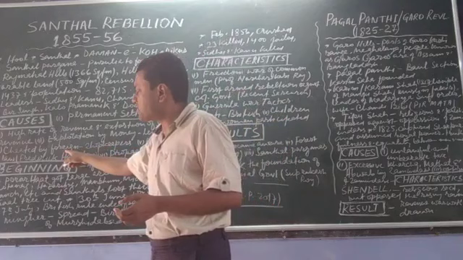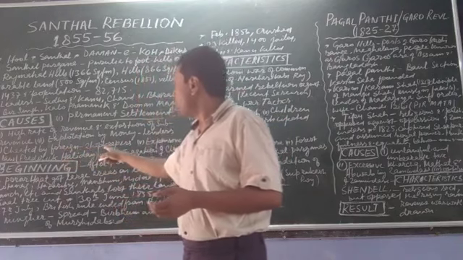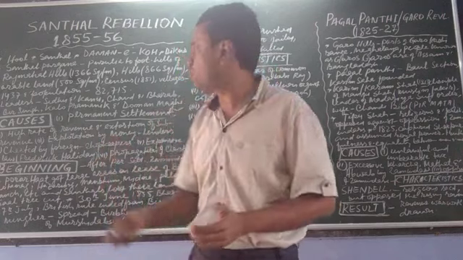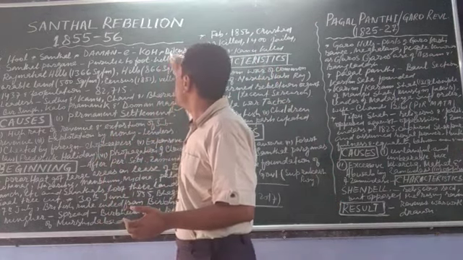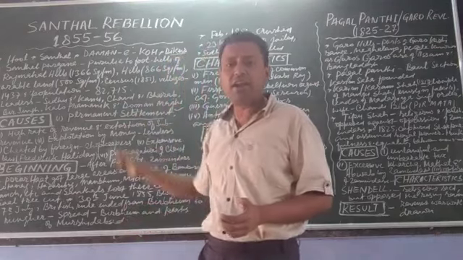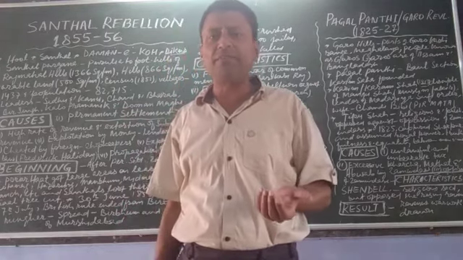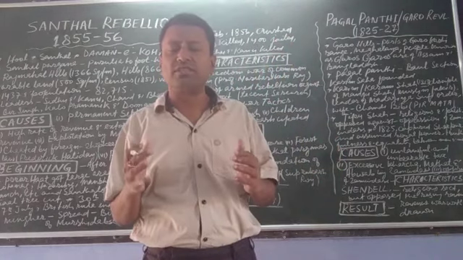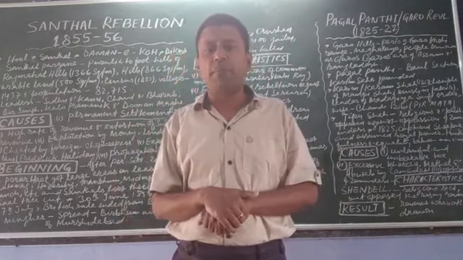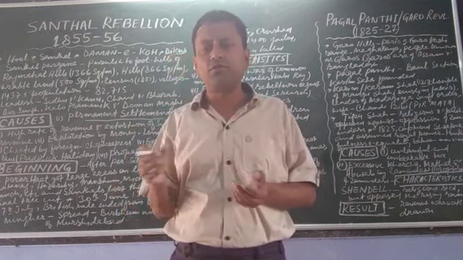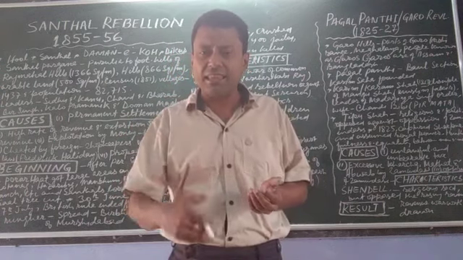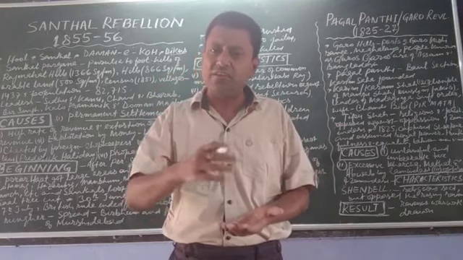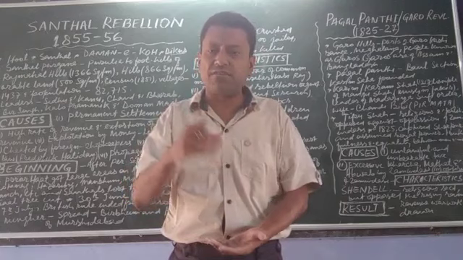And afterwards, number 4, cheated by foreign shopkeepers. Foreign shopkeepers, I have already told you, dikus. See, I have used here the term dikus. Foreign shopkeepers also come under the category of dikus. These foreign shopkeepers used to sell commodities at a very high rate, and the weight which they gave was less.